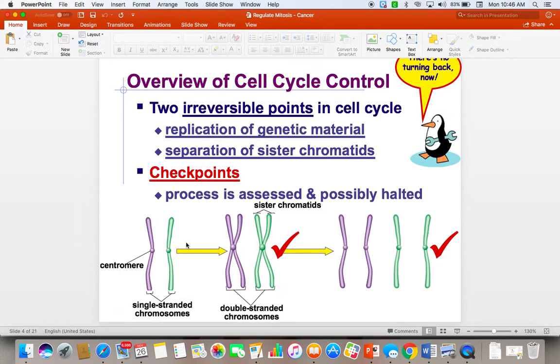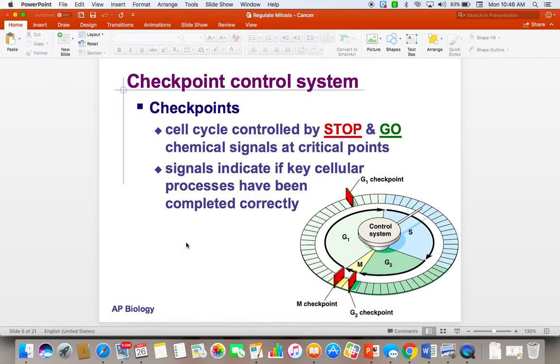If you're at Rosa, there's a little box on the wall, and if you don't have the key card, it's not going to open. So that's a checkpoint. So people without a key card cannot come into our building. So the cell cycle has that too, and it's just a stop and a go. So it's like, okay, is everything okay? Can we go further, or do we need to stop and reevaluate and not do the cell cycle?